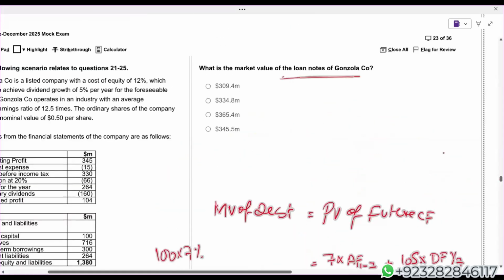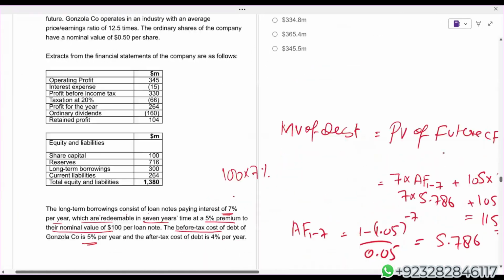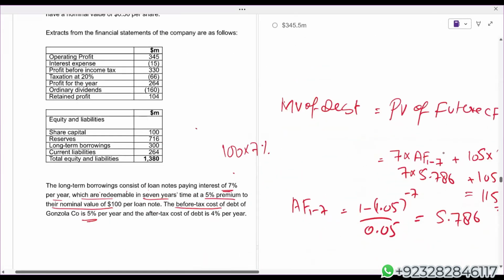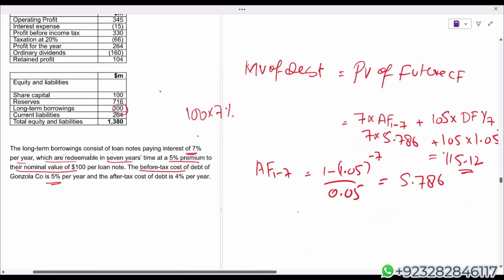An examiner asks, what is the market value of loan notes? Okay. If you look at this, long-term borrowing is 300 million. Par value is 100. We'll take the long-term borrowing from the SOFP, which is 300, multiply by 115.12 divided by 100. That will give you the market value of the entire loan note. 300 into 115.12 divided by 100.